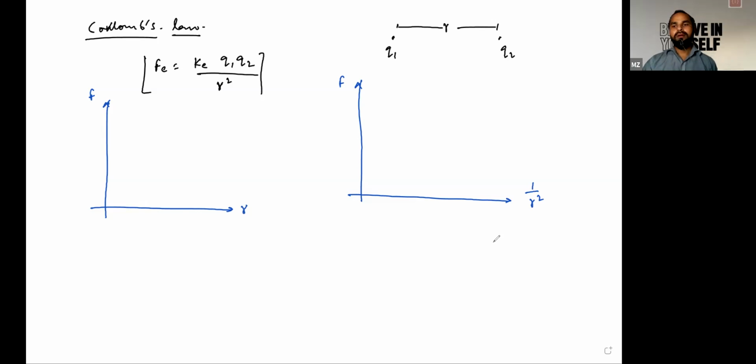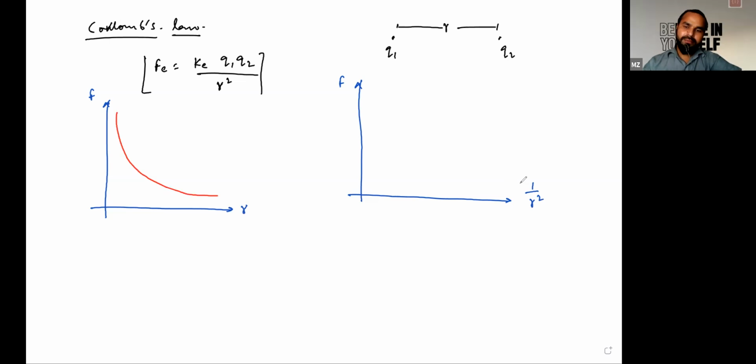Can you tell me the nature of the graph for this relation and for this relation? For the first one, it will be a hyperbola. Which type of hyperbola? Then inverse relationship. Rectangular hyperbola. So it will be inversely proportional, like this.